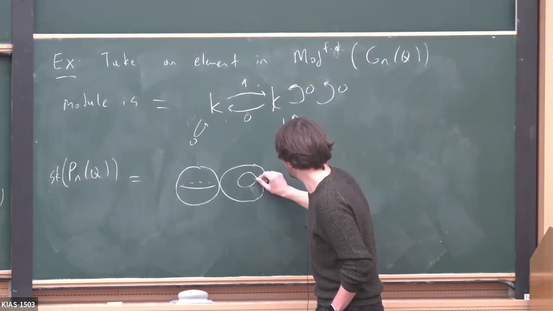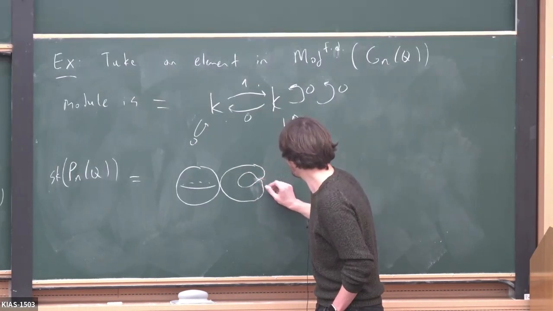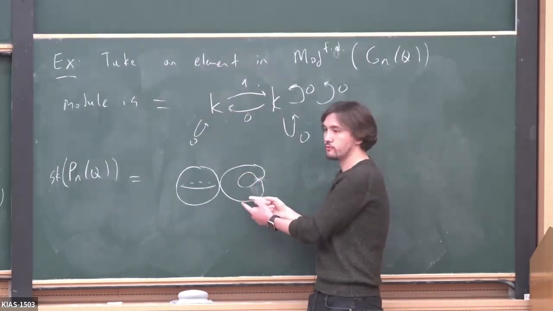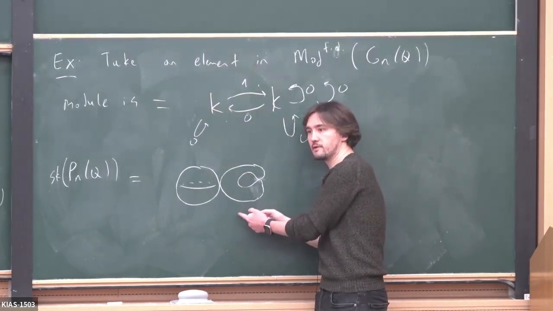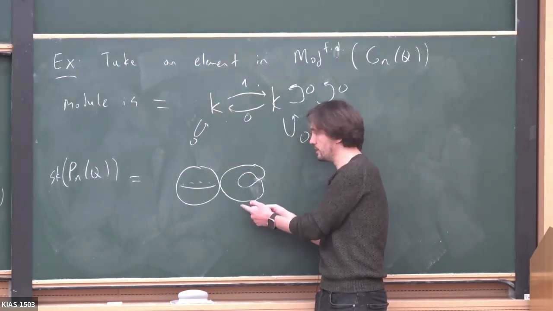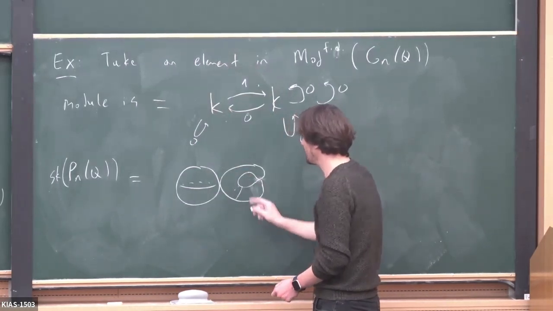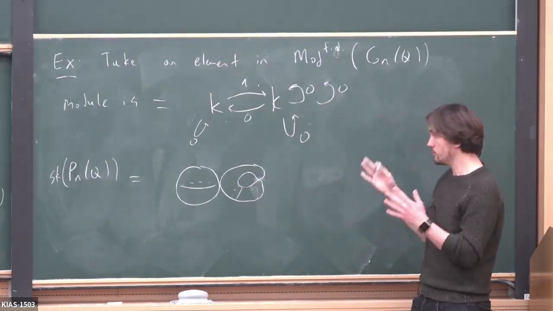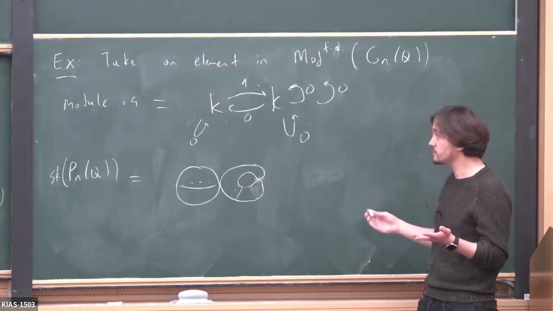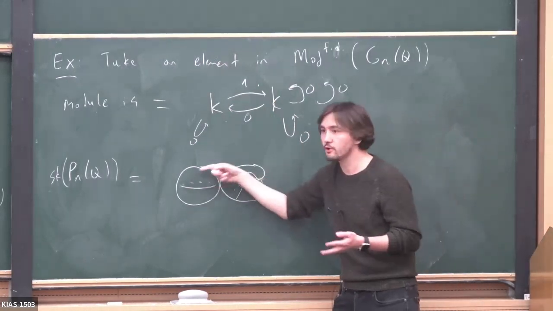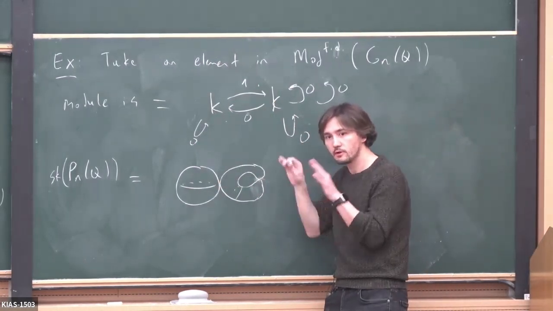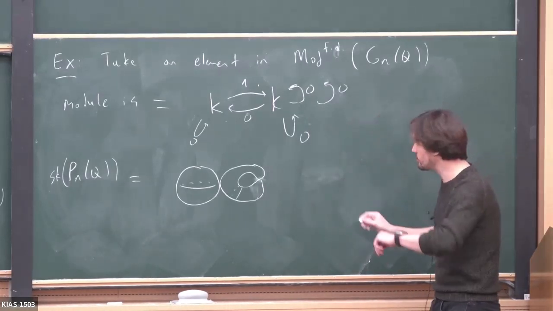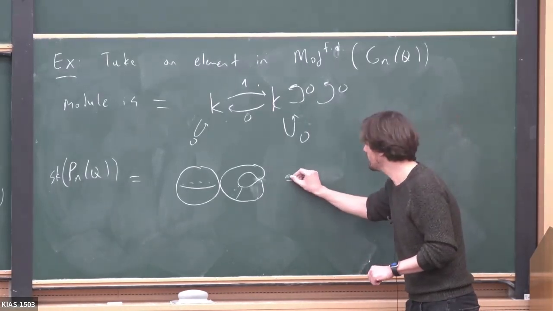This quiver corresponds to these two Lagrangians intersecting. I'm looking at the Weinstein neighborhood of these two Lagrangians. It's like two spheres, this immersed sphere, this embedded sphere. So I'm looking at the Weinstein neighborhood of this, and this module should be some Lagrangian around this space.